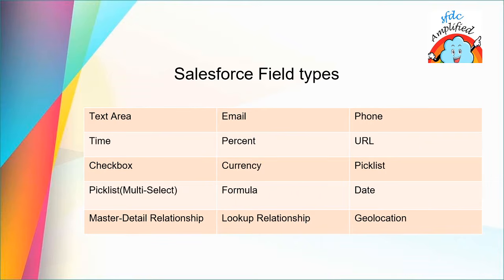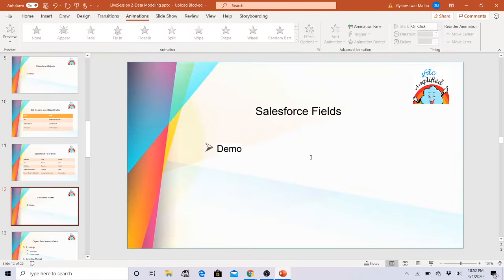If you are using maps, the geolocation field is very helpful. And the last two, lookup and master detail, are very, very important in Salesforce. I'll be explaining this, and I'll show you all the other fields right now in a demo in my org.